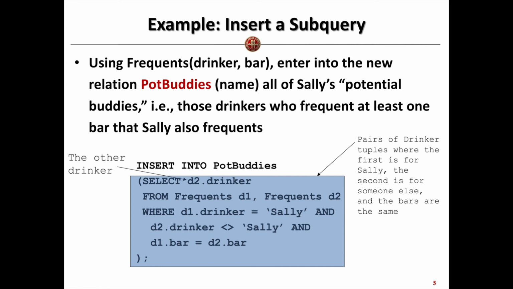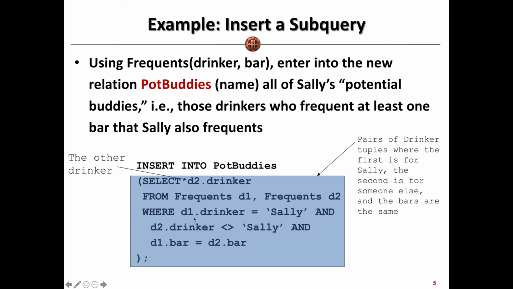We do this in a very simple way, right? We can select the frequency. However, for this query, we have to use the frequency multiple times, right? So we have frequency D1, D2 as shown here. Here we select D2 dot drinker and the potential buddies of Sunny, right? From frequency D1 and D2, there are two copies of frequency table, right?